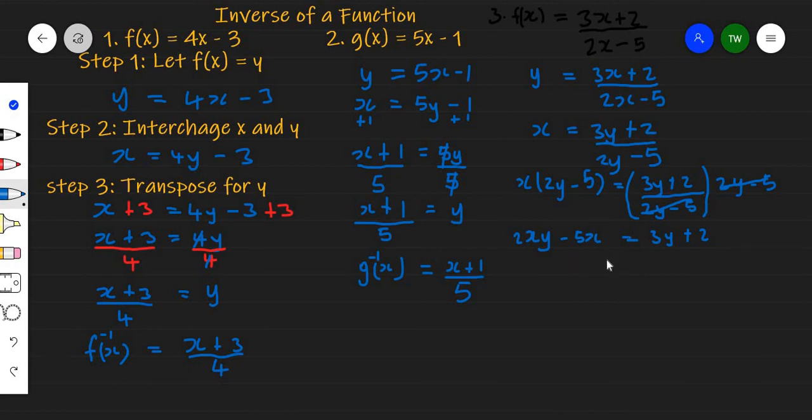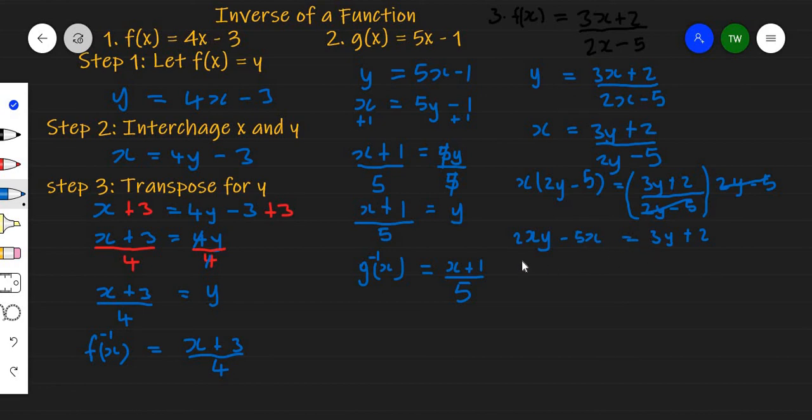At this stage, we are going to group all the terms with y on one side of the equation. Now, since y is already here, it means that I want this 3y over this side, and it means that I want this minus 5x over the other side, right? So a simple trick is when you move a term across the equal sign, the sign changes. So if it was positive, it becomes negative, and if it was negative, it becomes positive.